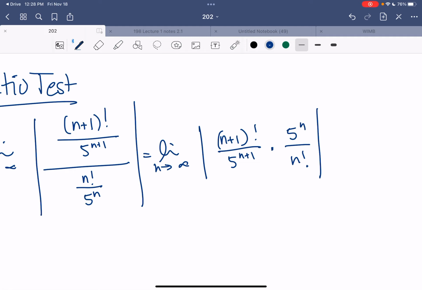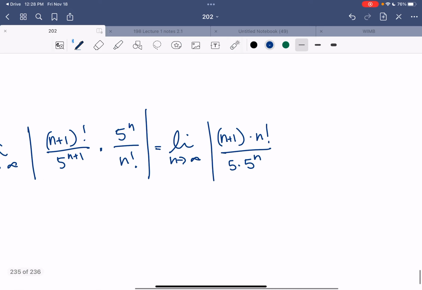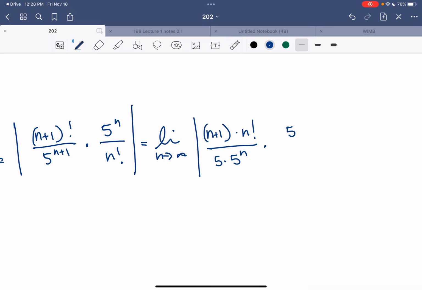So this is n plus 1 factorial over 5 to the n plus 1 times 5 to the n over n factorial. Next, I'm going to split the n plus 1 away from the rest of it for that first term. So n plus 1 factorial is n plus 1 times n factorial. And on the bottom, 5 to the n plus 1 is 5 times 5 to the n. And I'm multiplying that by 5 to the n over n factorial.